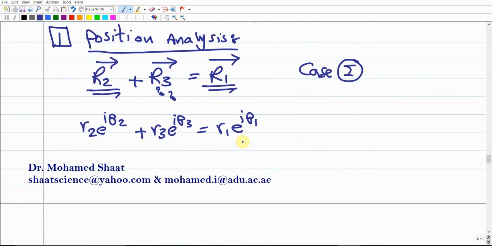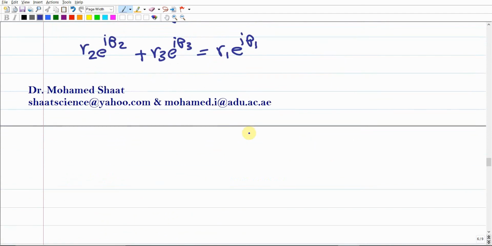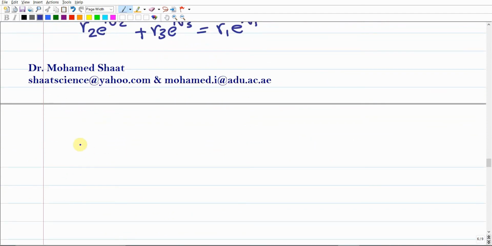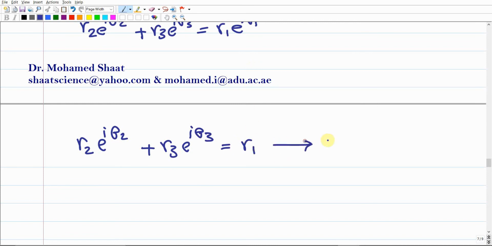If we substitute theta 1 equals 0, we're gonna end up with this equation. The loop closure equation will be R2 e^(i theta 2) plus R3 e^(i theta 3) equals R1, because theta 1 is already 0.